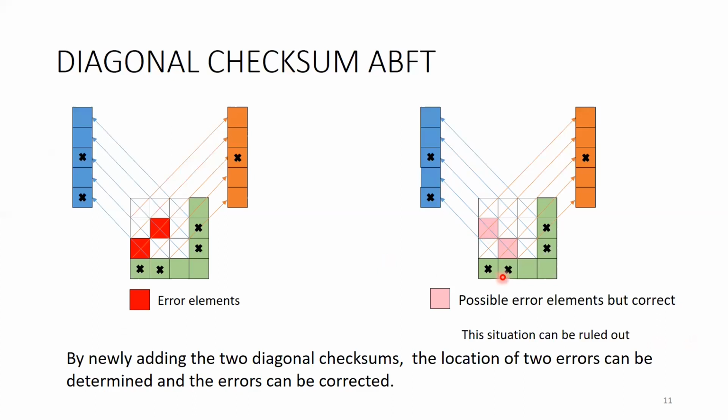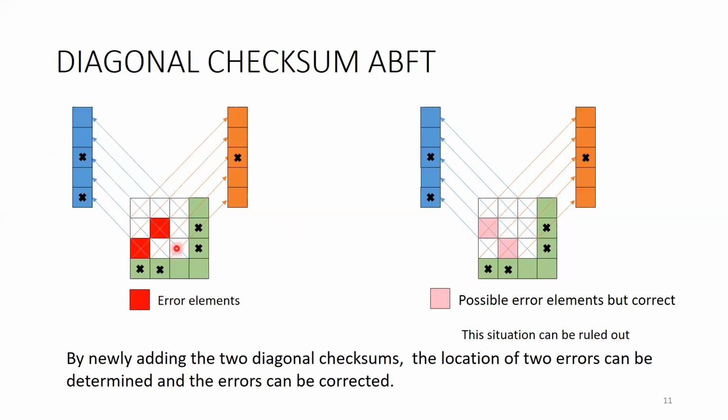In this case, there are three diagonal lines through the pink blocks, and the corresponding diagonal checksum will not be marked. So we can rule out the case that errors appear in the pink blocks.